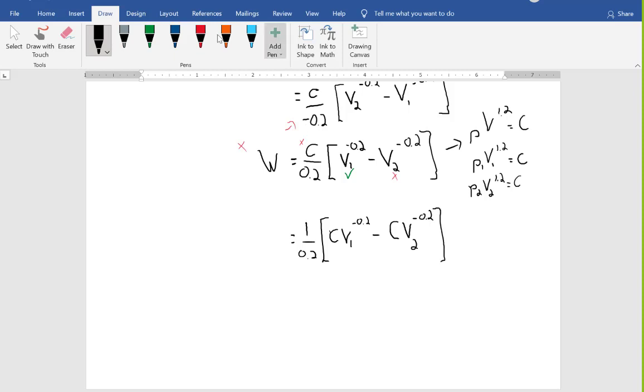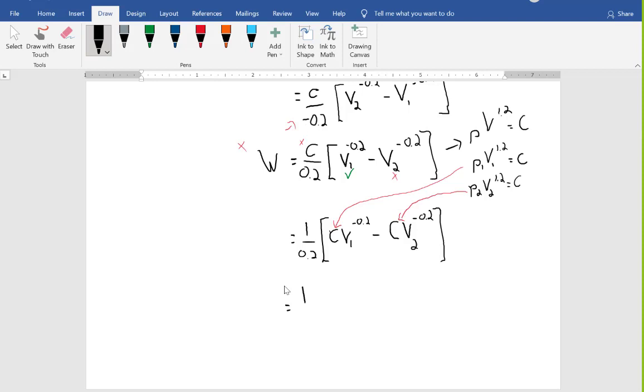But I know here that this constant has two different values. So over here, I'm going to use the value P2 V2 to the 1.2, and over here, I'm going to use the value P1 V1 to the 1.2.